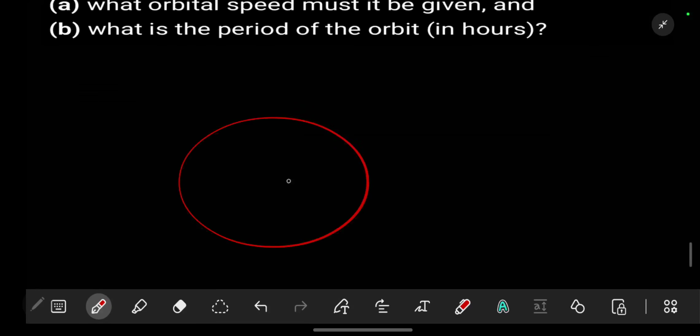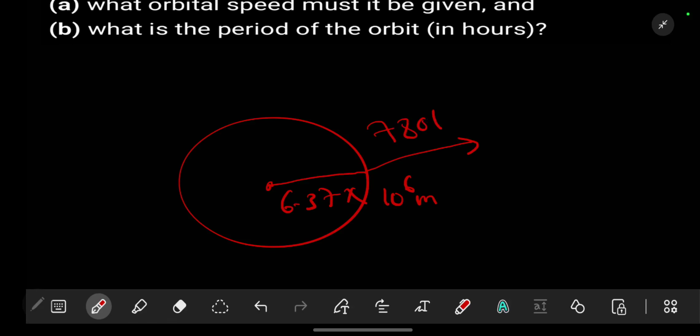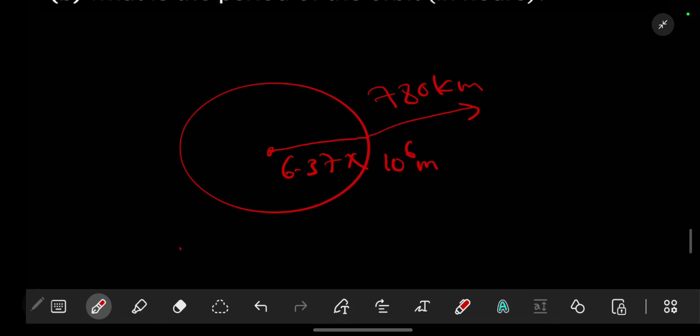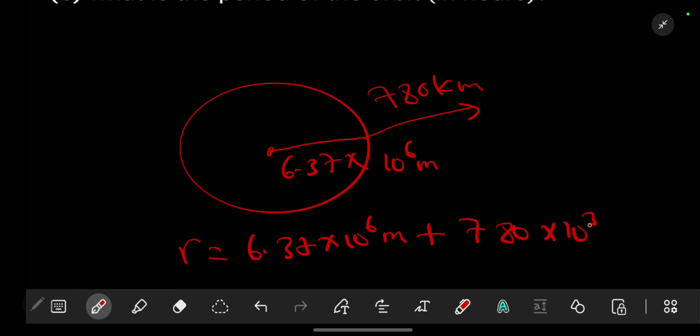From the center of the Earth to the surface is 6.37 times 10 to the power of 6 meters, then from the surface up to the satellite is 780 kilometers. So you add: r is equal to 6.37 times 10 to the power 6 meters plus 780, and kilo is 10 to the power 3, so 10 to the power 3 meters.